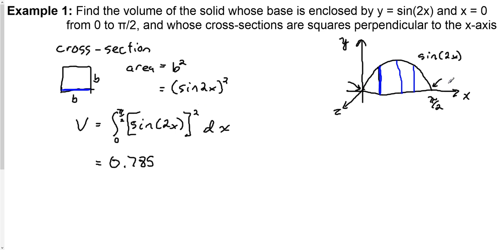Okay, how you draw this picture to look at what your base is going to look like, how you get an expression for the area of the cross section, and again, our area of our cross section had to be expressed in terms of x here, and usually that's going to be something in terms of this function that you have there, and then you integrate from one side to another to get your volume.